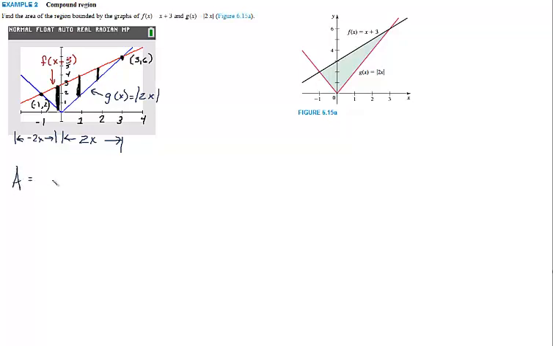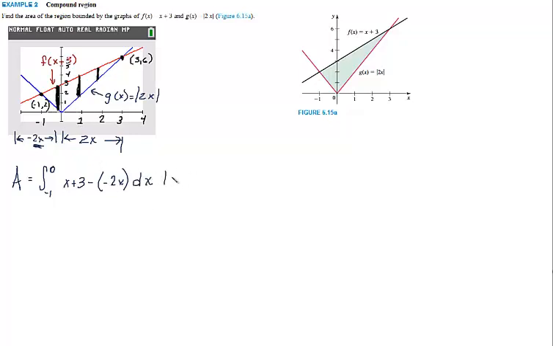My area is going to be, for limits of integration, x ranging from -1 to 0. The function that's always on top in that region is this x plus 3, minus the one that's always on the bottom, and that would be this minus 2x, because that's the function present in that particular region.